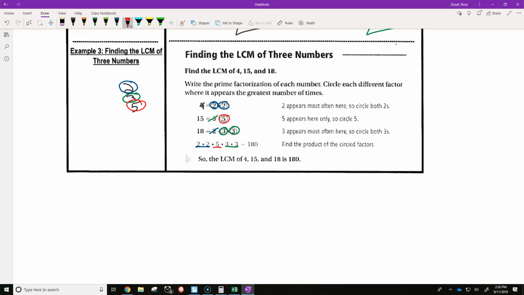Your name. The date. The lesson. Alex, why are you up walking around? Your name. The date. The assignment. And what class are we? Okay? You may begin.